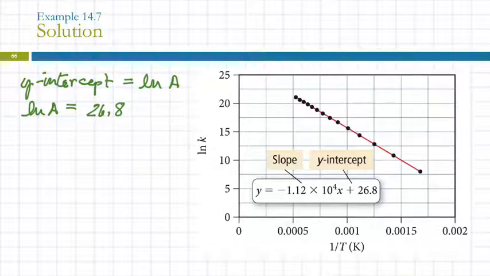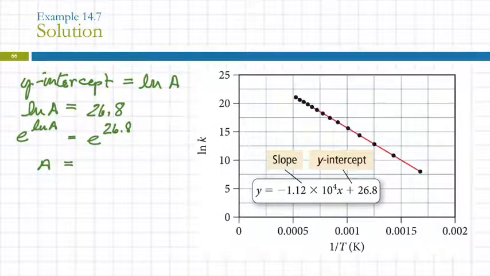So to get rid of natural log, we do the inverse function. You can't divide by ln. You could try, but it doesn't mean anything. So the opposite of natural log is e to the x. So we would raise e to the power of each side, right? That's taking e to the x of both sides. e to the natural log of A is just A.